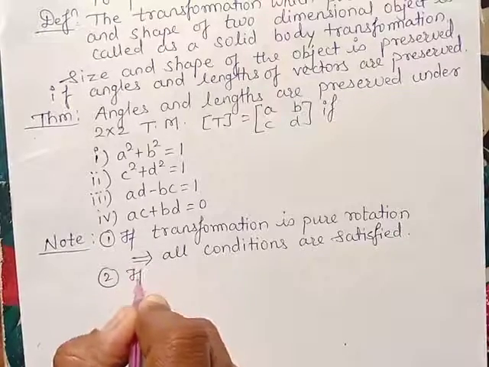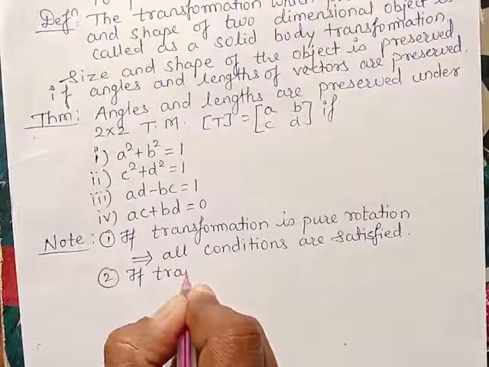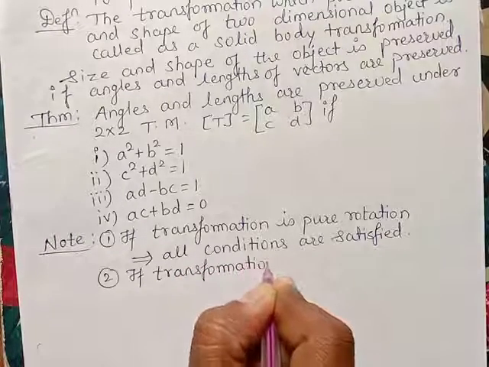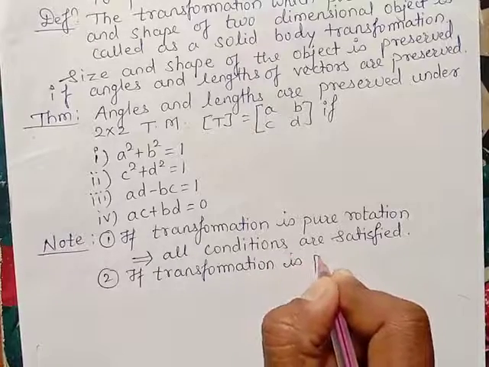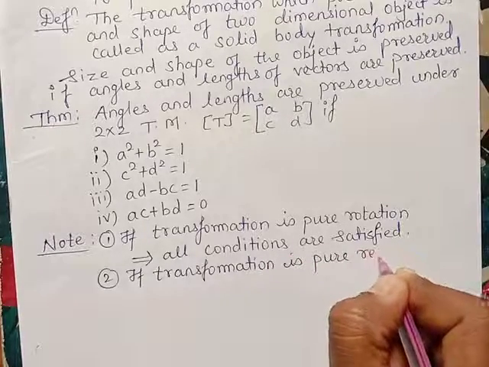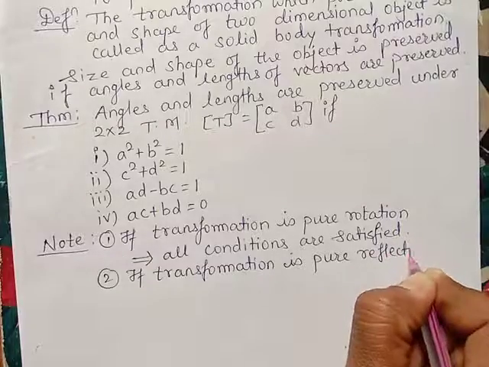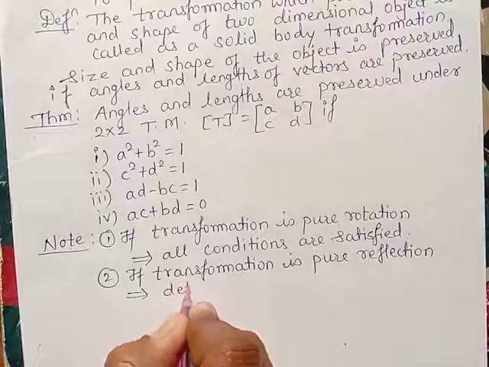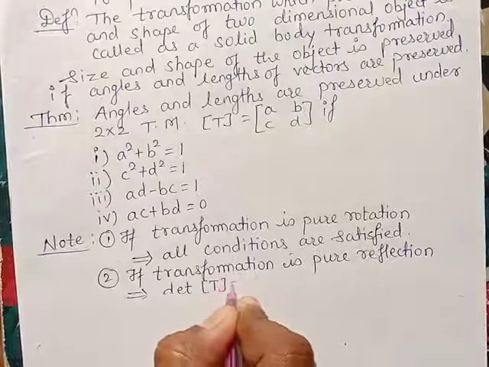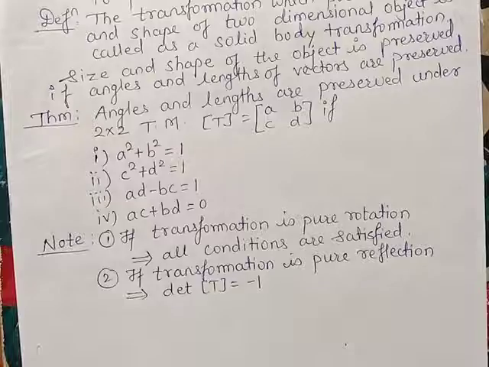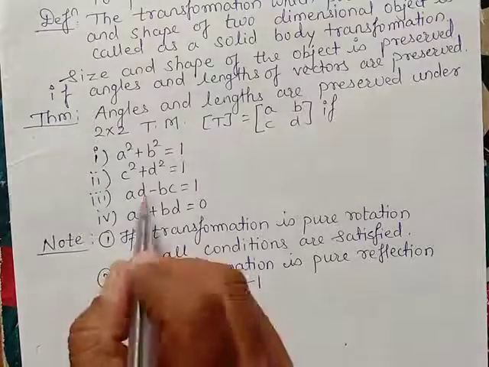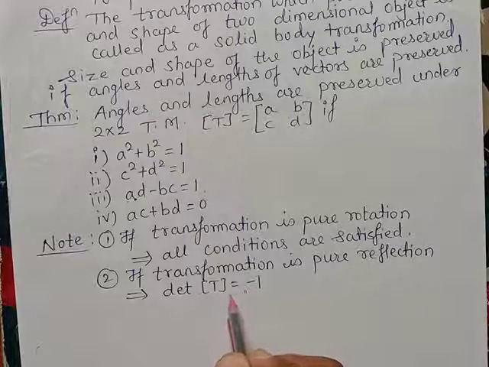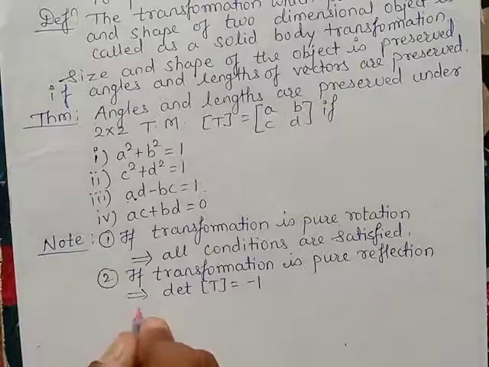Second note, if the transformation is pure reflection, then the determinant of T is -1. And here it is said the determinant should be 1, so it doesn't satisfy that condition. So it won't be a solid body transformation.